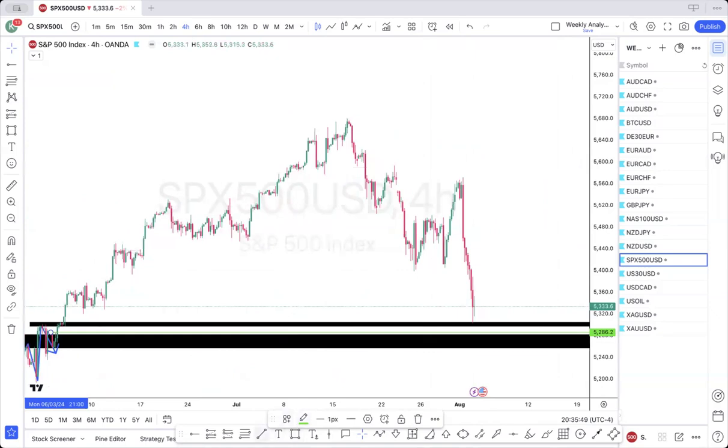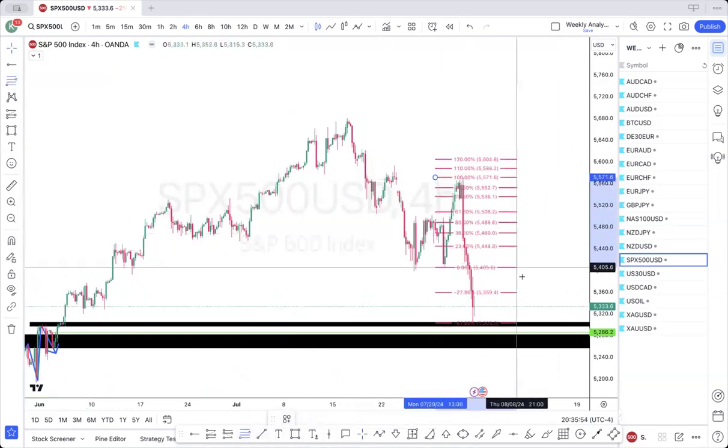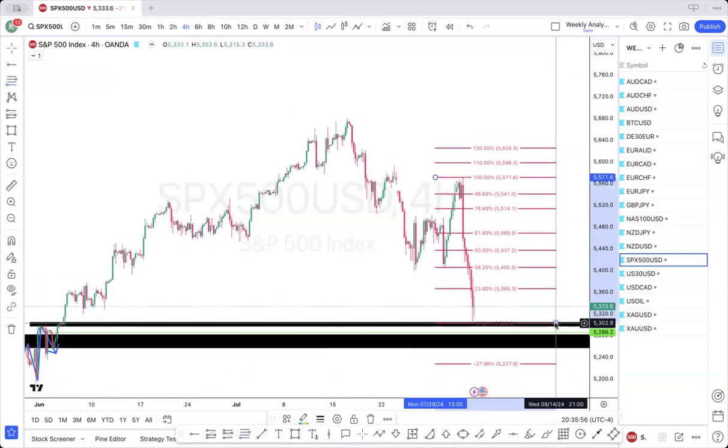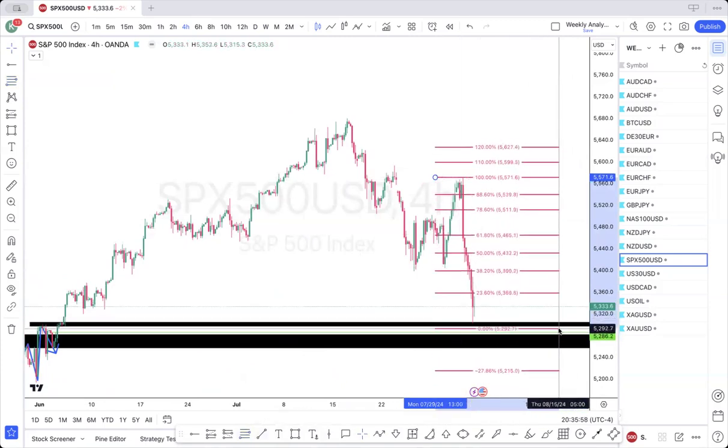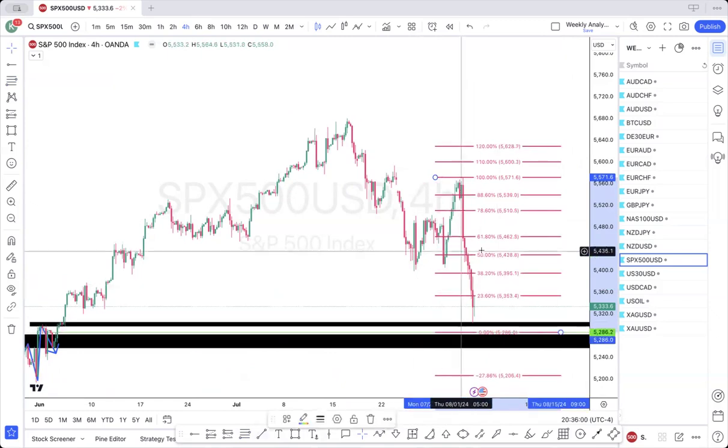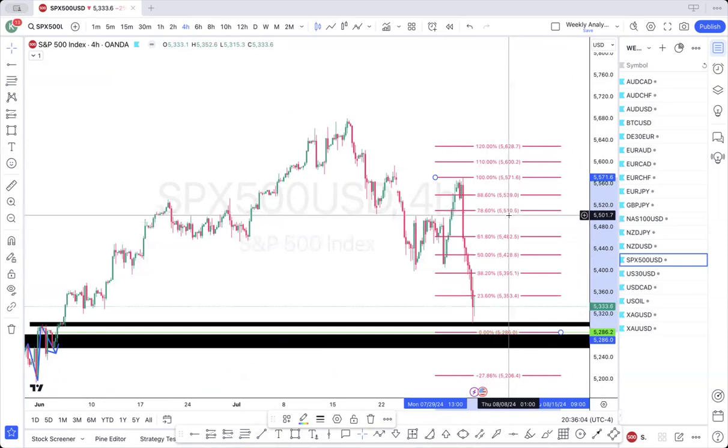Even if it's just for, let me put this down here, because that's where I think price is going. Even if it's just for a buy up to the 78.